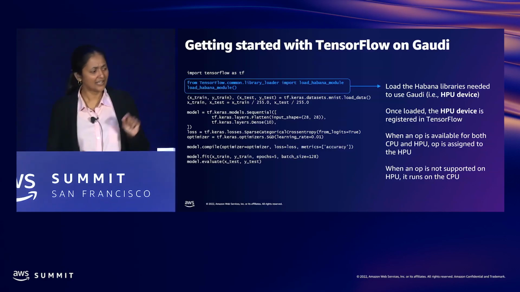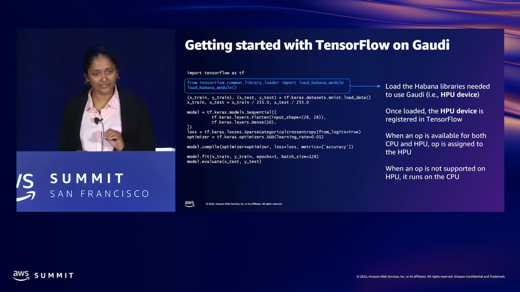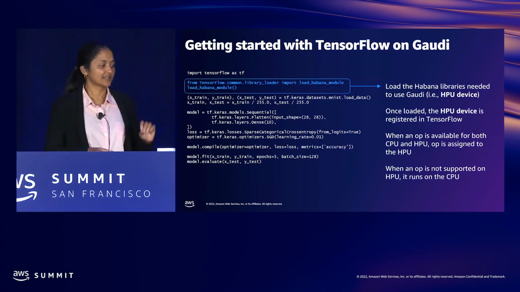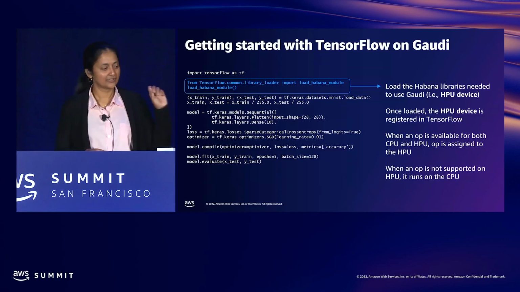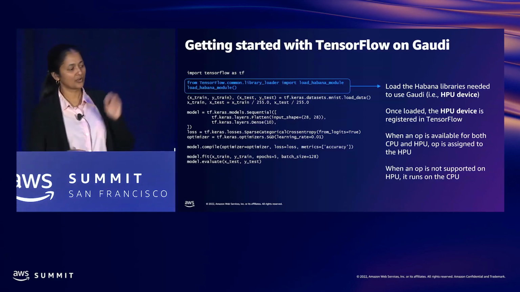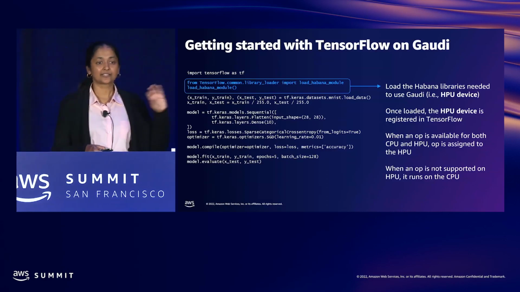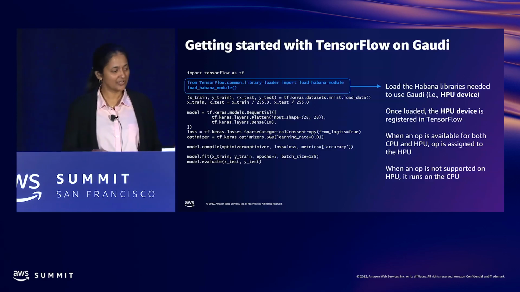What this does is it registers the Habana libraries and the Habana device. Gaudi is called the HPU, or Habana Processing Unit, in the framework. And once this library is loaded, TensorFlow will recognize that you can start running your workload on the Habana HPU device. There's a set of operators that Habana supports already on Gaudi.